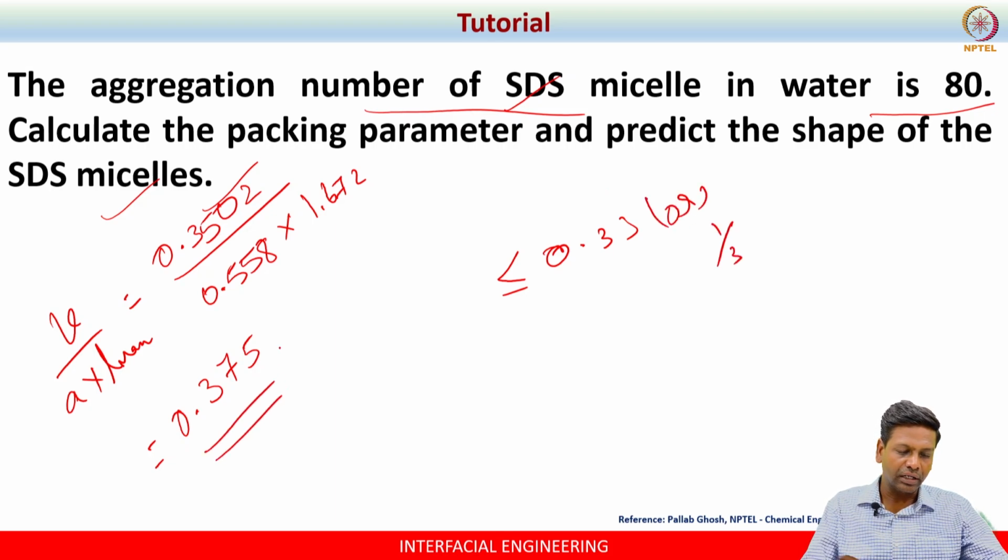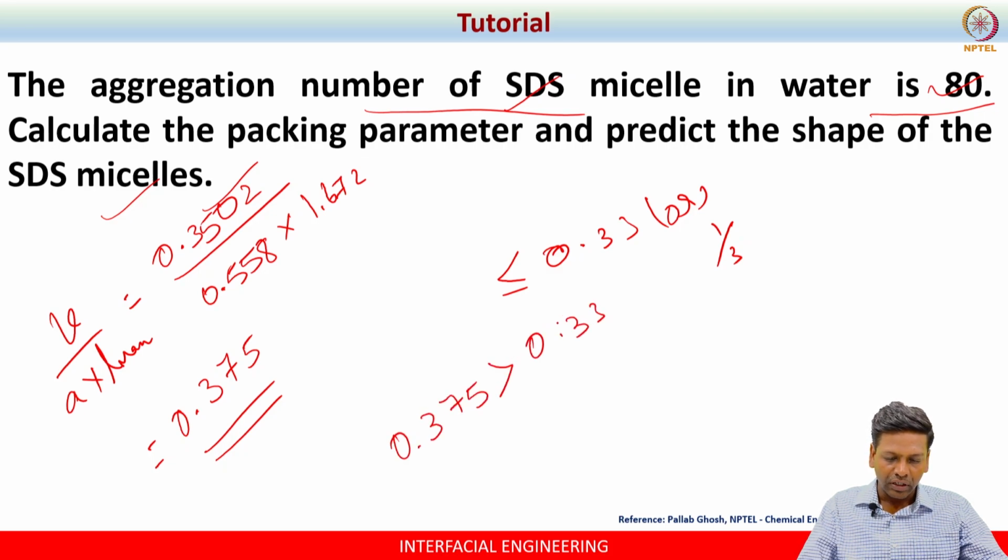But the value of the packing parameter that we calculated for this case, based on the aggregation number and the Tanford equation, is 0.375, which is little more than 0.33. Hence we can say that the shape of the micelle will be somewhat non-spherical to some extent, right? So it will not be perfectly spherical.